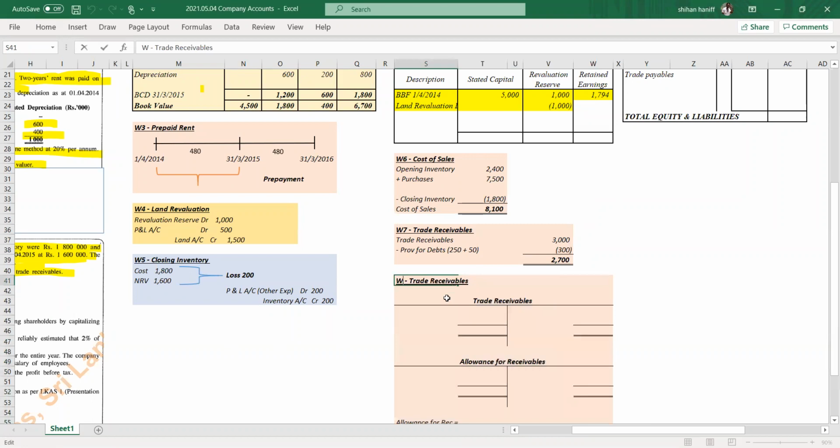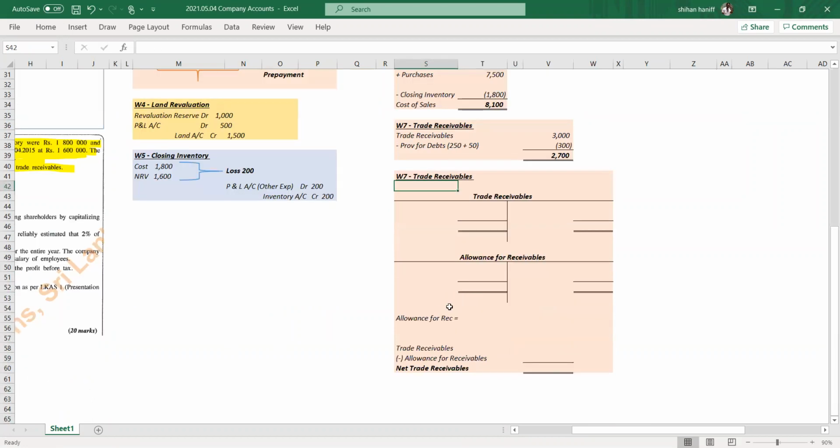Working number 7. I'll do it in another way. Trade receivables, there is an opening balance 3,000. Allowance for receivable or provision for doubtful debt, there is an opening balance of 250. There is no further bad debt or anything.